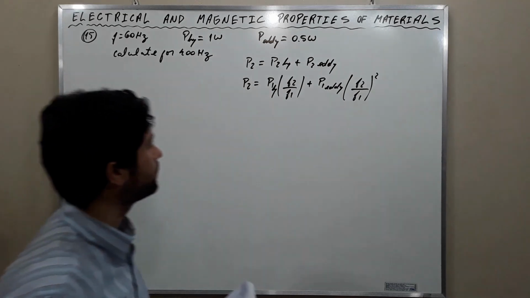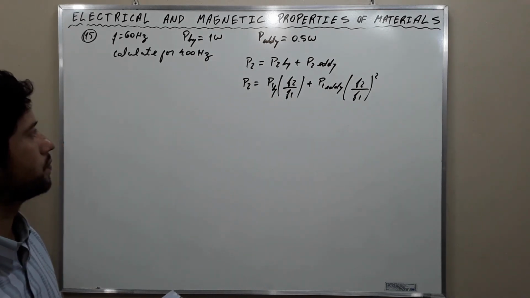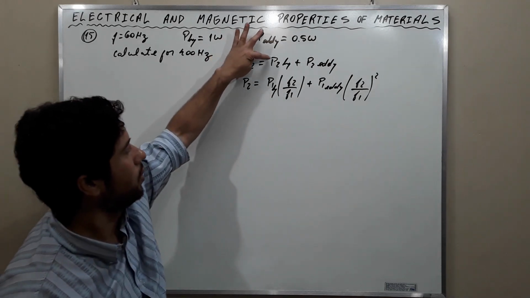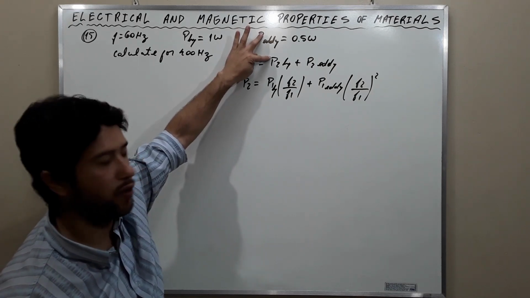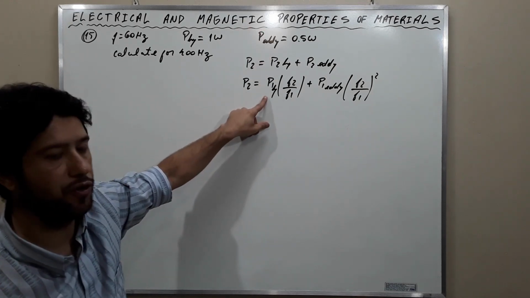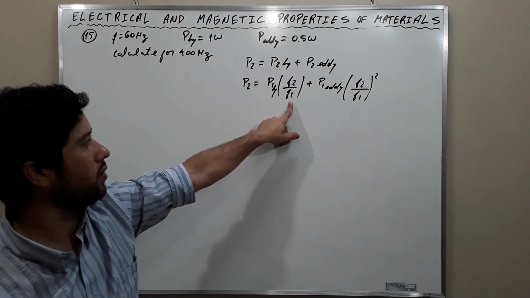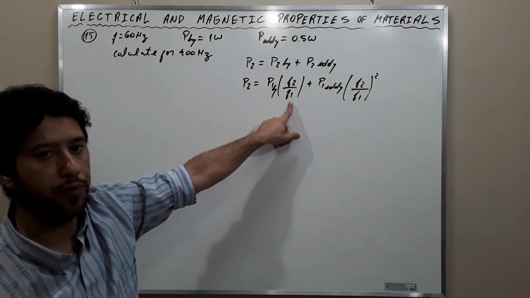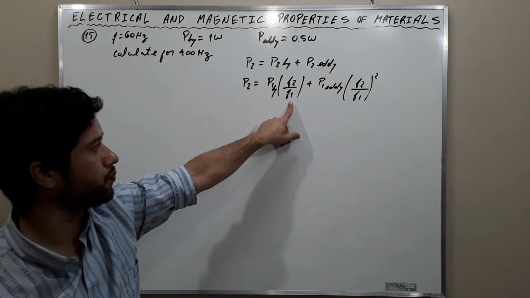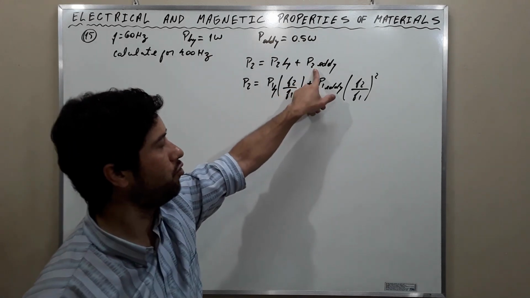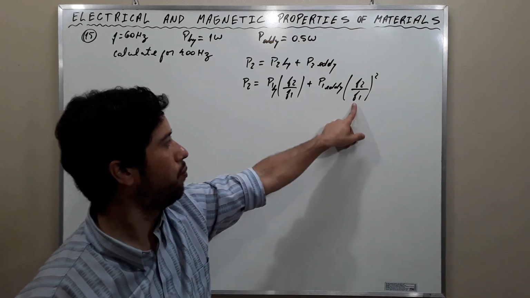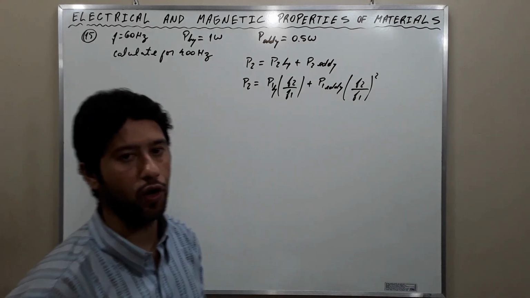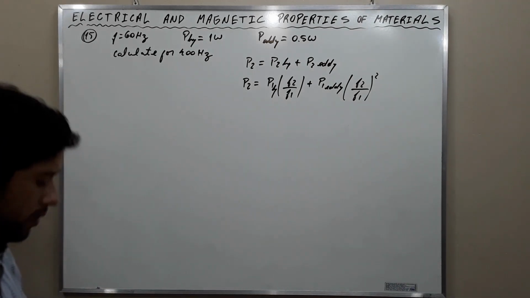All right? P2 hysteresis is equal to P1 hysteresis, but it is directly proportional to frequency. P2 eddy is equal to P1 eddy, but it increases with the square of the frequency.